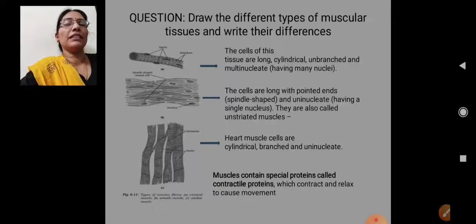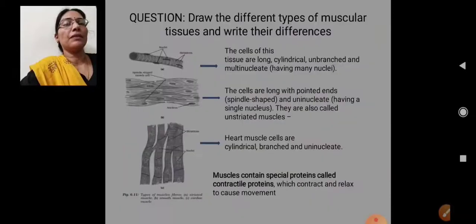Here in this video you can see the pictures are given. One question is given: draw the different types of muscular tissues and write their differences. You have to draw and write the features from this slide. So you take the notes and learn.